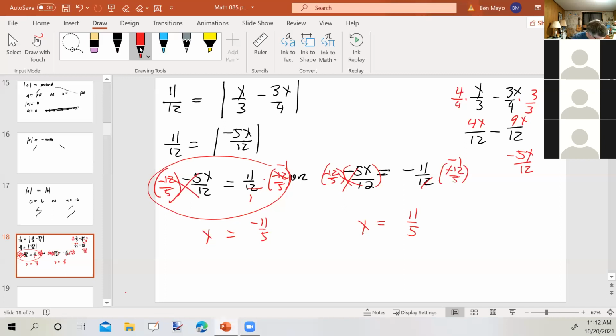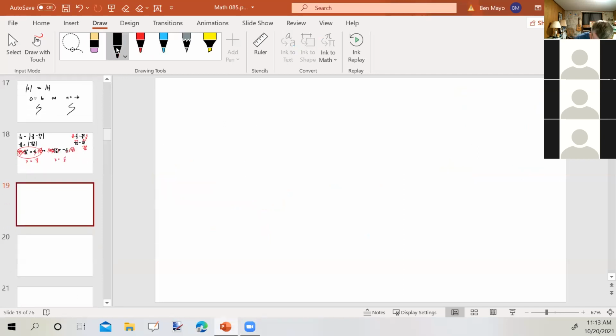All right. I talked about getting rid of everything, isolating the absolute value. Here we go. -10 times the absolute value of 16x plus 4 minus 3 equals -3.